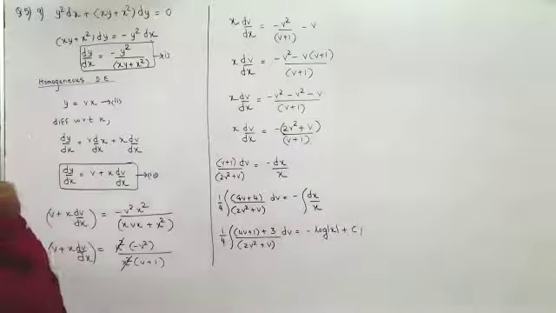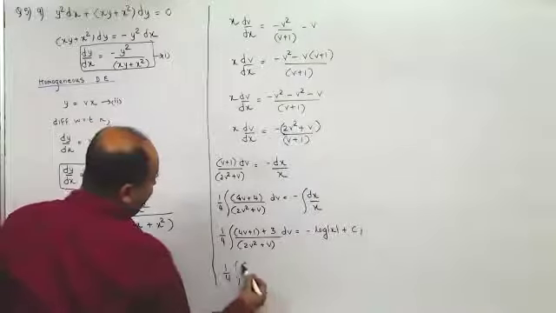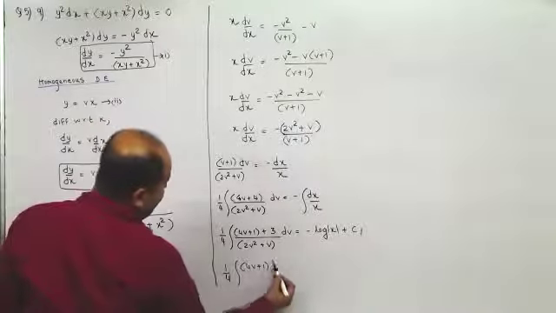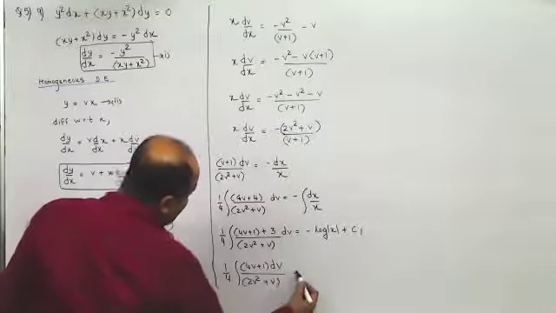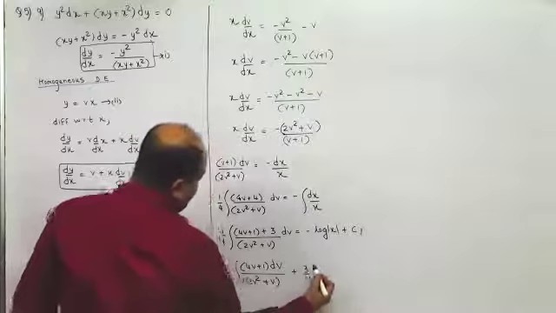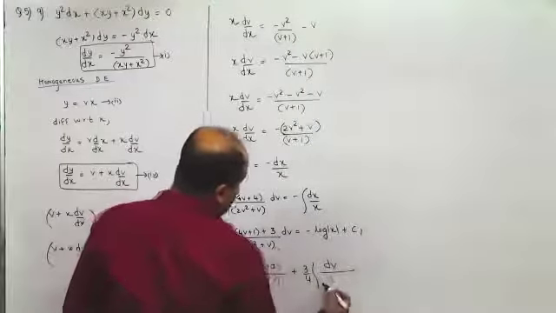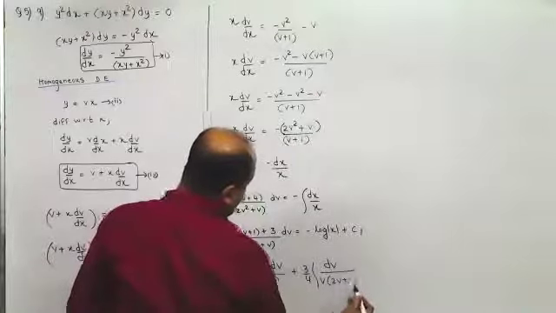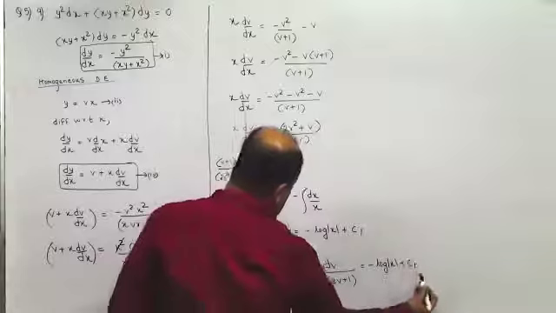Now, I take these two separately. So I would be getting 1 upon 4 here, I would be getting 4v plus 1 dv upon 2v square plus v. Then here plus 3 upon 4, I'll get integration of dv upon v common, 2v plus 1, is equal to minus log x plus some constant.